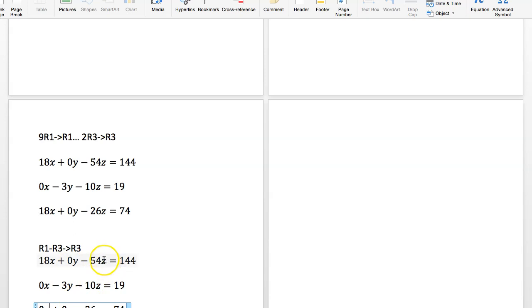Oh boy. Neg 54 plus 26 is, that's going to be neg 18. I got to be careful there. That's kind of scary. Yeah, that's a little frightening. Neg 54 plus 26. Guys, no. Some don't feel good. That's 28, isn't it?